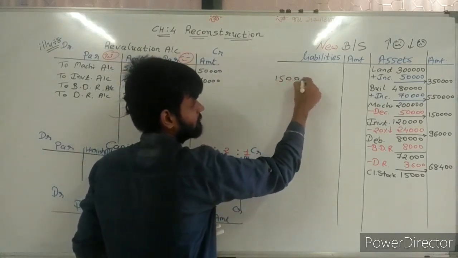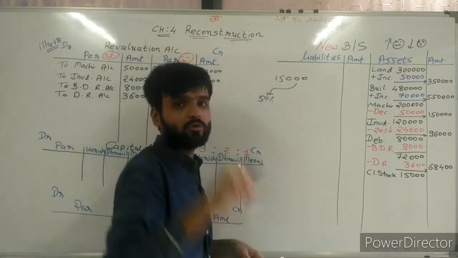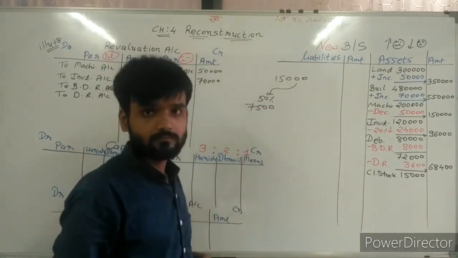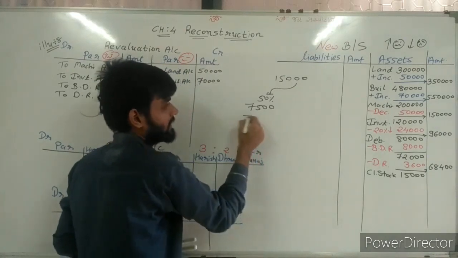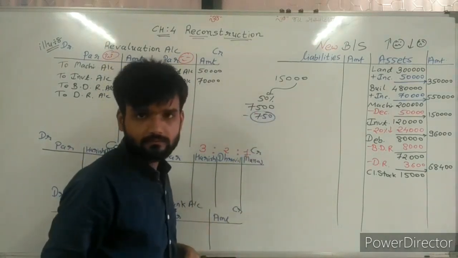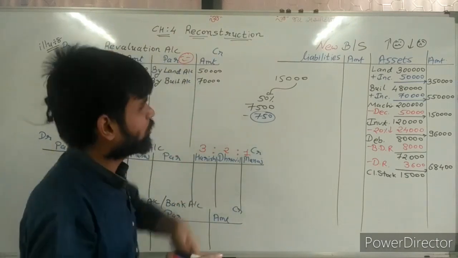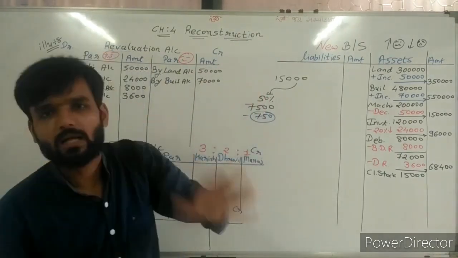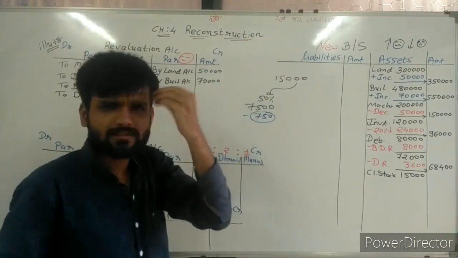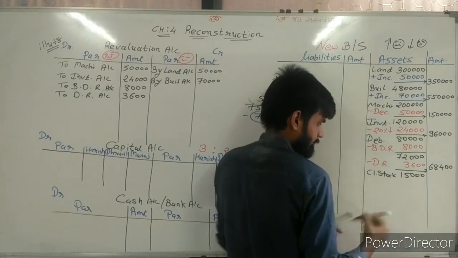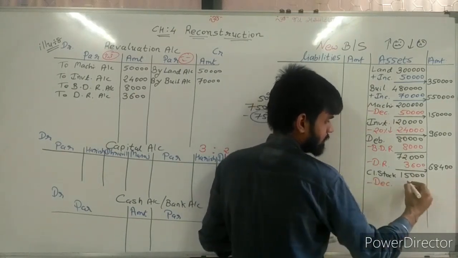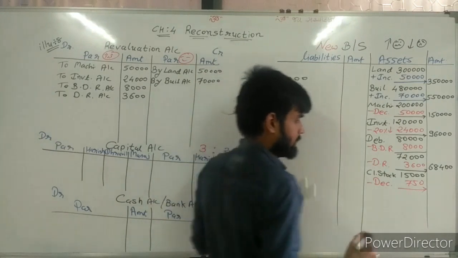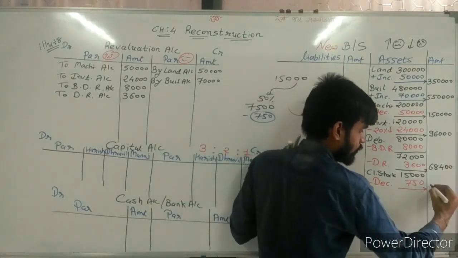From 15,000 rupees stock, 50% means 7,500, and its value is decreased by 10%, so 750 decrease. So overall from stock, 750 rupees decreases. Simple, so don't calculate anything else. Just deduct 750 from the whole stock. So minus decrease in stock, 750 rupees. After deducting this, the answer is 14,250.